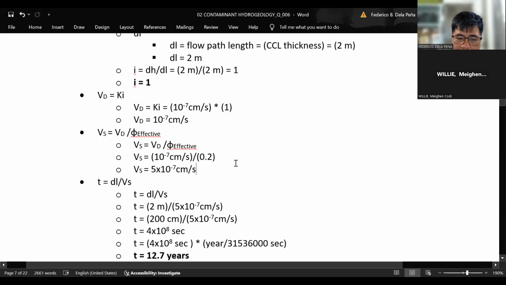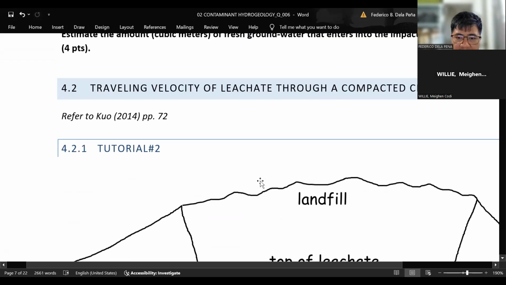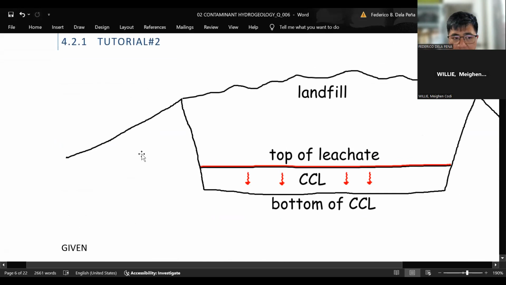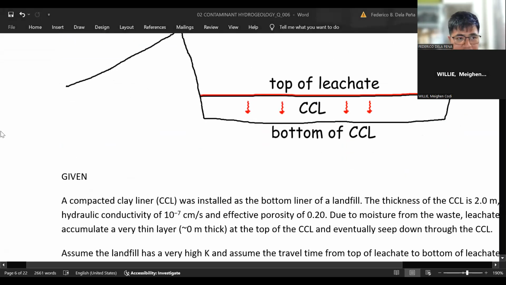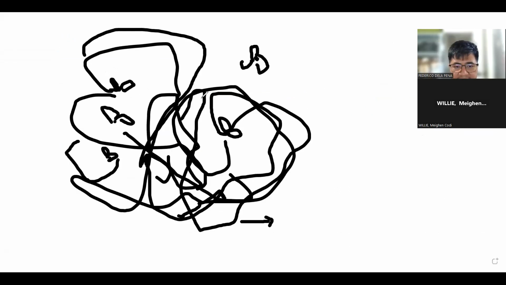Now, we actually have to calculate the seepage velocity here, not the Darcy velocity, because, as I discussed earlier, seepage velocity is a faster velocity compared to the Darcy velocity.